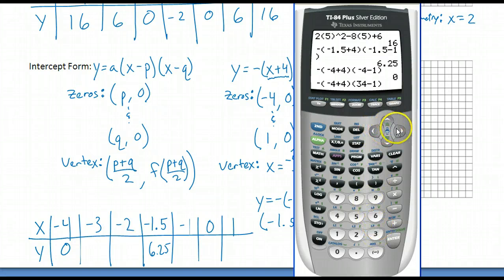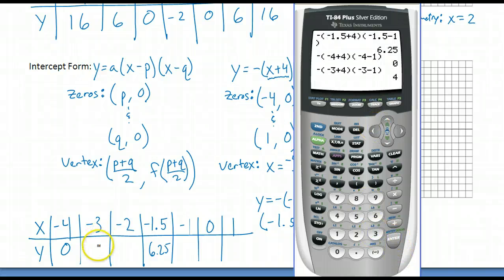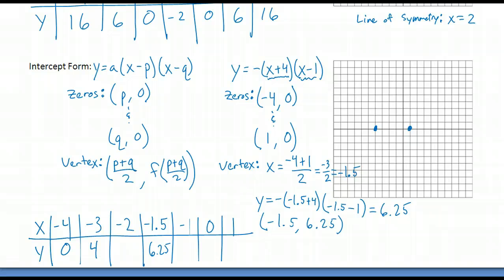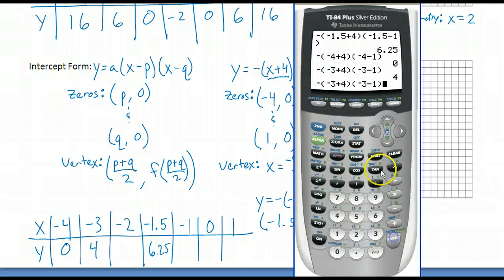Change the negative 4 to a negative 3. Change the negative 3 to a negative 2. Then to a negative 1.